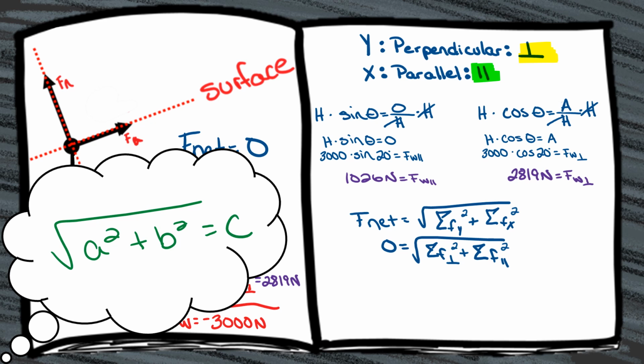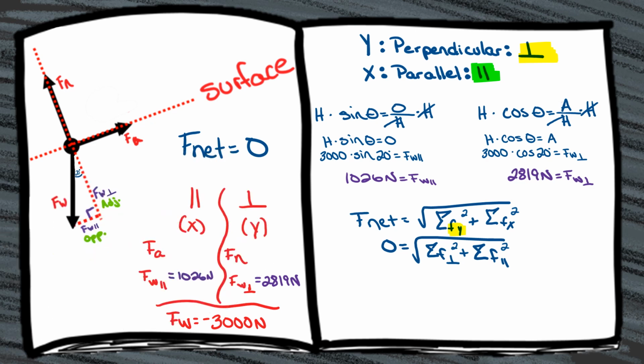Remember, perpendicular forces is just another way of saying forces on the y-axis, and parallel forces is just another way of saying forces on the x-axis. That's right, Alex. The sum of perpendicular forces in this free body diagram are consisting of normal force and perpendicular weight component.